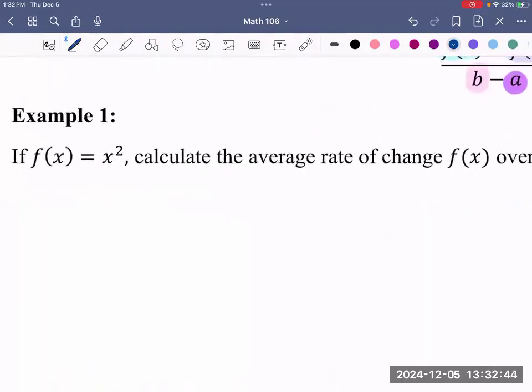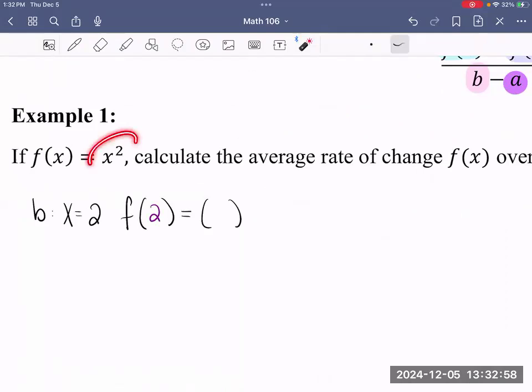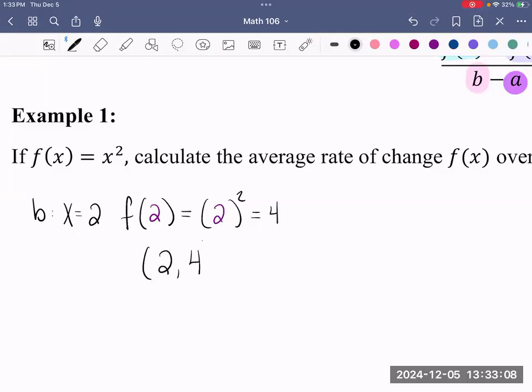So if we know b is equal to 2, when x is 2, we can take your formula, f of x, and evaluate it at 2. So instead of having x squared, we're going to have 2 squared. So 2 squared is equal to 4. We now have the coordinate 2, 4.